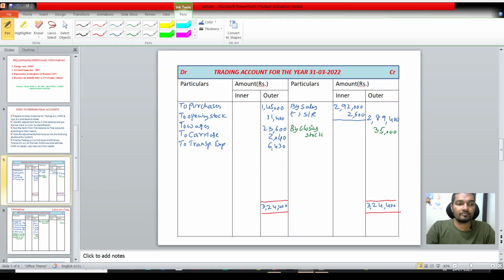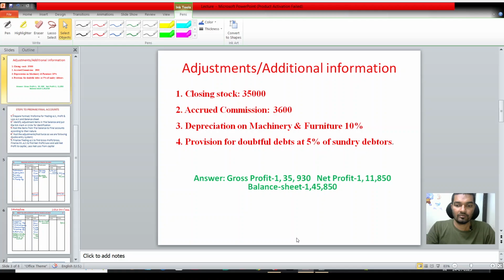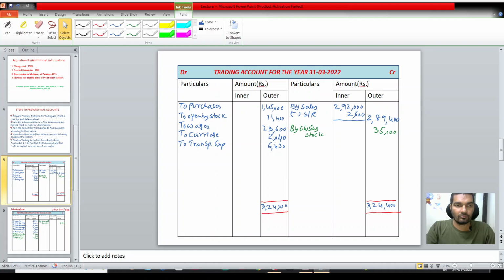Whatever amount we got, 1,35,930, this is the amount exactly we got here. 1,35,930. This is called gross profit. To gross profit carried down.